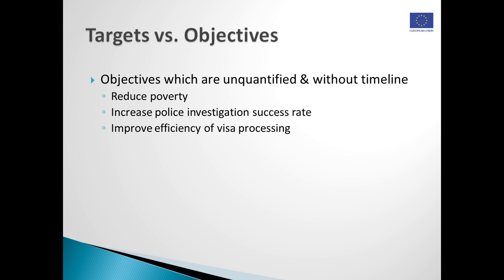Similarly, if the police minister emphasized publicly that he was committed to increasing the success rate of police criminal investigations, but again without specifying by how much or by when, this would qualify as an objective. So to be a target, something always has to have a quantified aim and a timeline for achieving that aim.